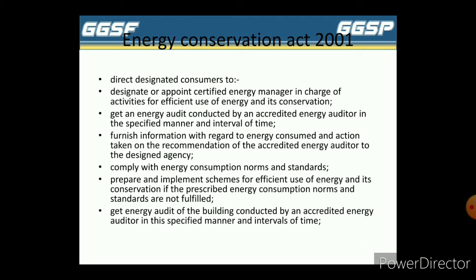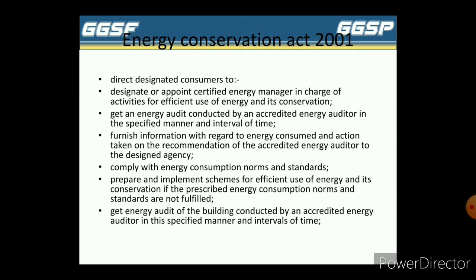Direct designated consumers to designate or appoint a certified energy manager in charge of the activities for efficient use of energy and its conservation. Get an energy audit conducted by an accredited energy auditor in the specified manner and interval of time. Furnish information with regard to energy consumed and action taken on the recommendations of the accredited energy auditor to the designated agency.